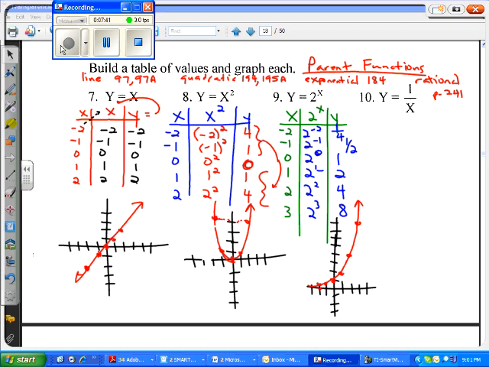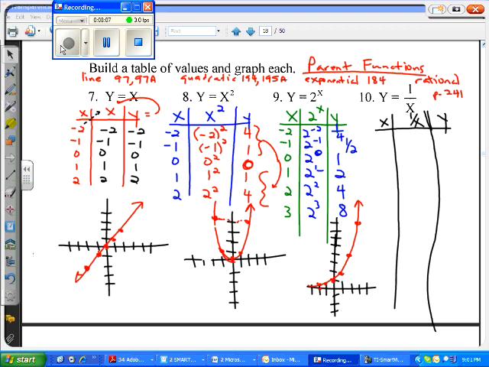And then number 10 is a rational. And we recall on a rational that we need a whole truckload of points. That had a lot of fun getting crooked on me there, didn't it? If I can go slow... nope, it's not going to stay where I'm writing, but that's okay. We'll leave it all kind of wobbly. So we've got y equals 1 over x.